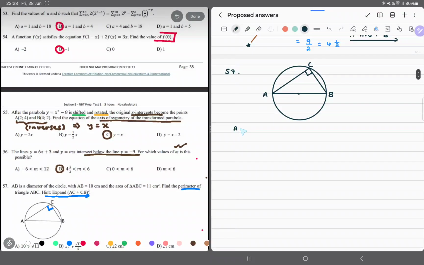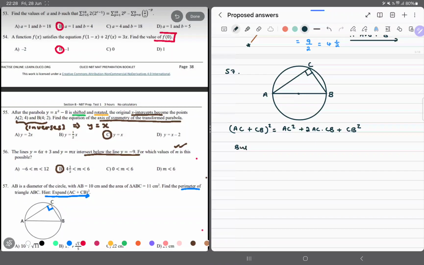We are given that we need to expand AC plus CB squared. Okay, this is quadratic, so it's going to be AC squared plus 2 times AC times CB plus CB squared. So this is easy. But what do we know, guys?